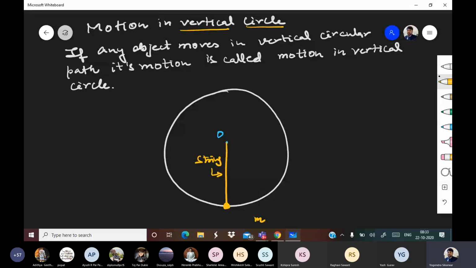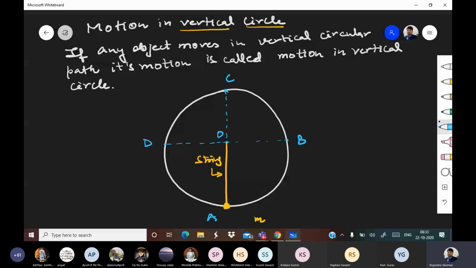Okay. So we are calling this point A, this point B, this point C, and this point D. So these are the 4 points A, B, C, D. The length of the string is L. So what is the scenario?